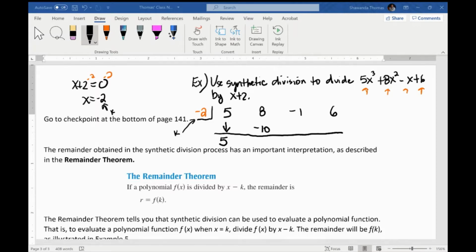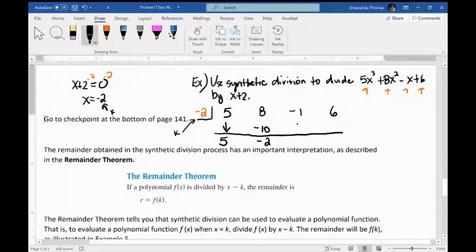I want to hear from all of y'all. You add 8 plus -10, and it'll be negative 2. Very nice. Then we multiply again. We get 4.